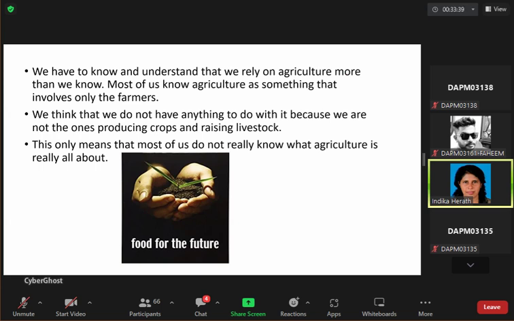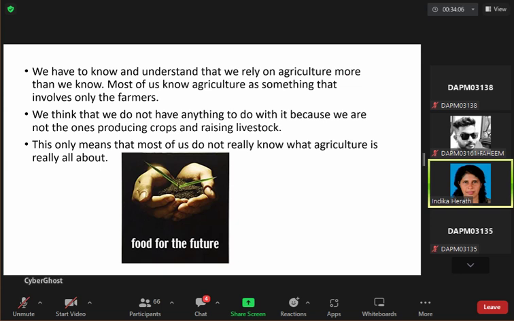So why do we rear animals? To get a protein source, especially meat and other products like milk and eggs. We want to feed those animals if we are rearing them. So we need to do agriculture to feed ourselves and to feed the animals that we want, right?